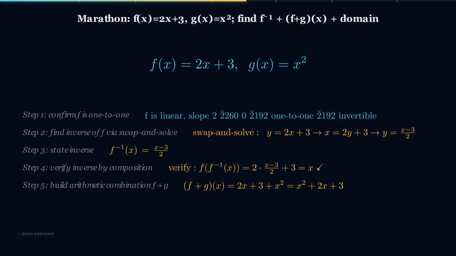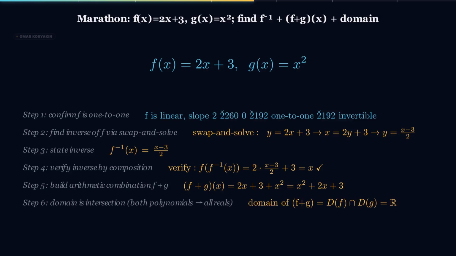Step 5. Identify the domain of f plus g. Both f and g are polynomials defined for all real numbers, so the intersection of their domains is also all real numbers. No additional restriction applies because the combination is addition, not division. The domain of f plus g is all real numbers. Step 6.